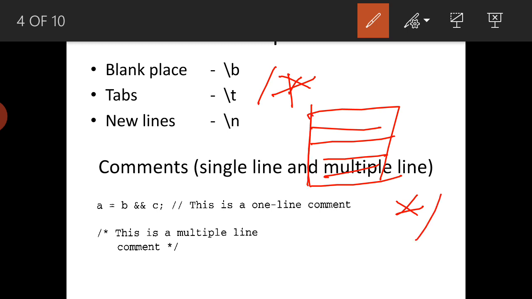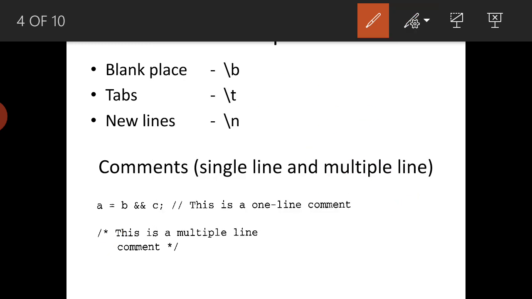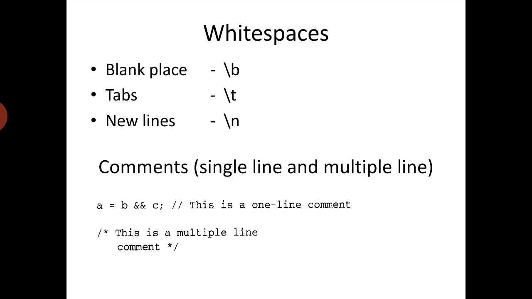Whatever lines come in between are treated as comments and will not be considered for execution. We call this a multiple line comment, as shown here with slash star and star slash. So this is one more lexical convention, the comments, which are used for the readability and understandability of the code.